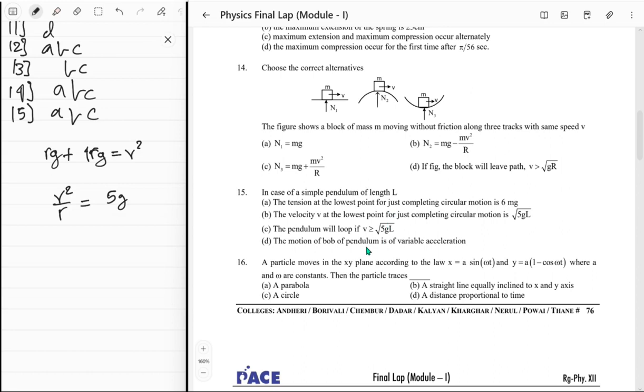Yeah, right. So D is also correct. Right. I mean, v square is changing. Of course. Next question. 16th.